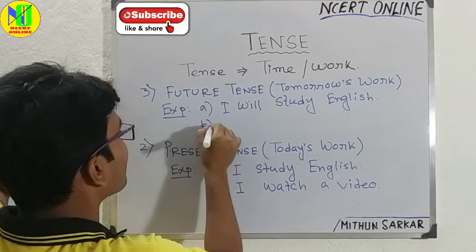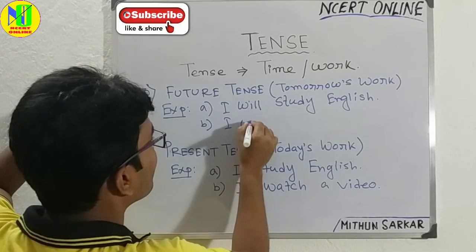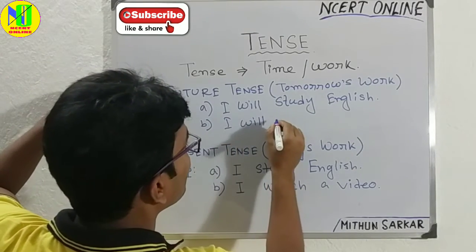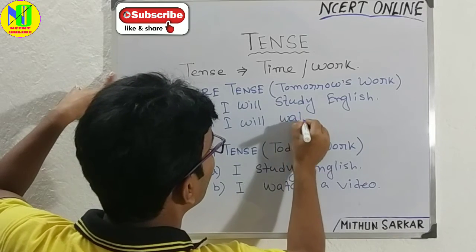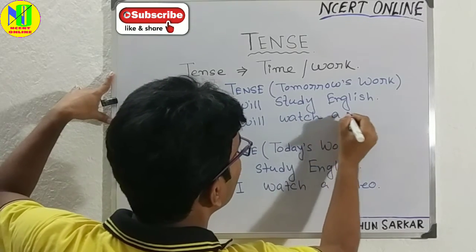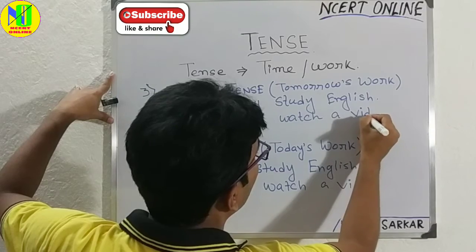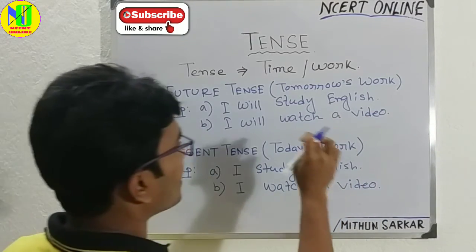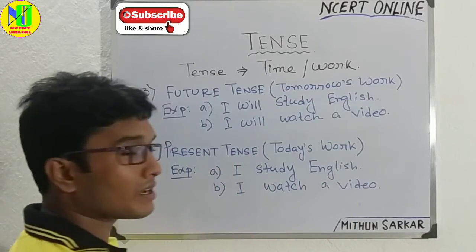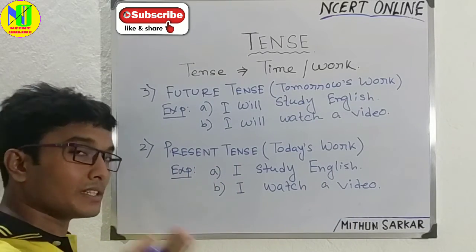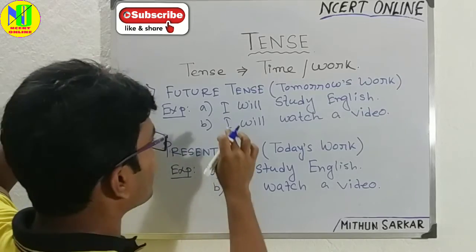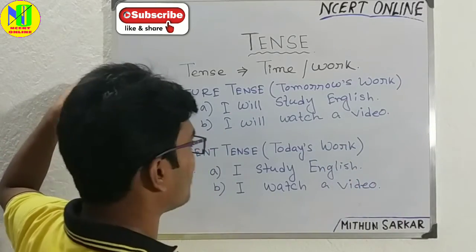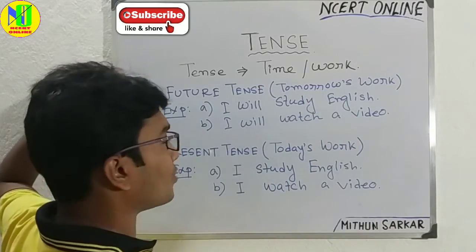Number two: I will watch a video. Students, we do not write tomorrow, but if we follow this, it is related to tomorrow, because I will study English tomorrow, I will watch a video tomorrow.